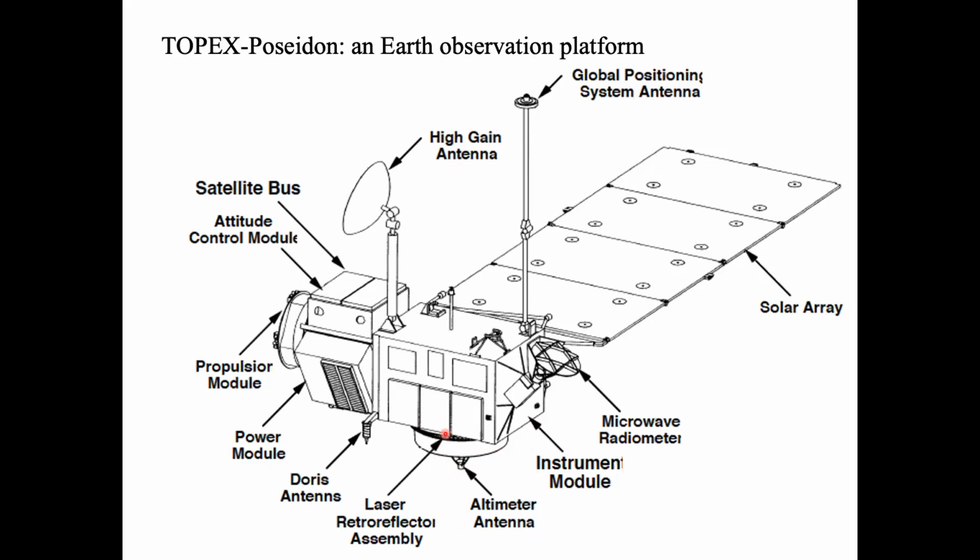So the retroreflector, I told you why they are needed. We have an instrument module, which is all this box, which contains the electronics of the radar altimeter, plus the electronics of the microwave radiometer. And then we have a service module on this other side.